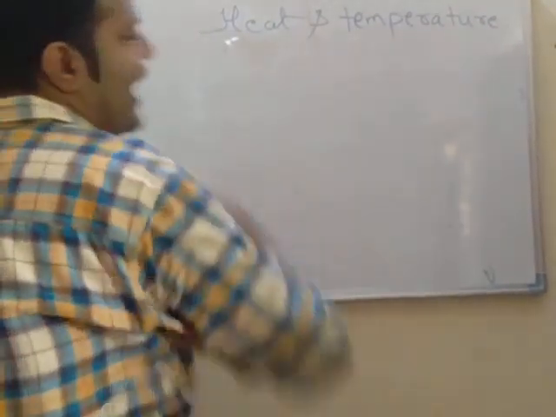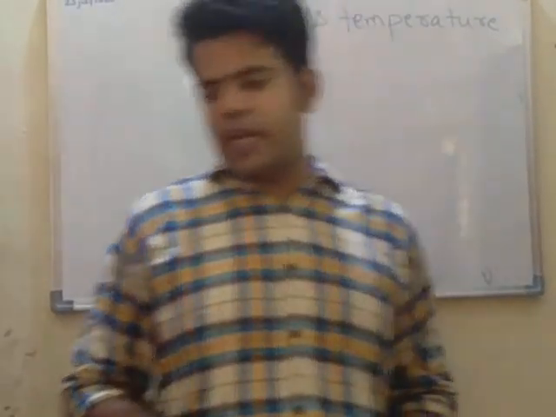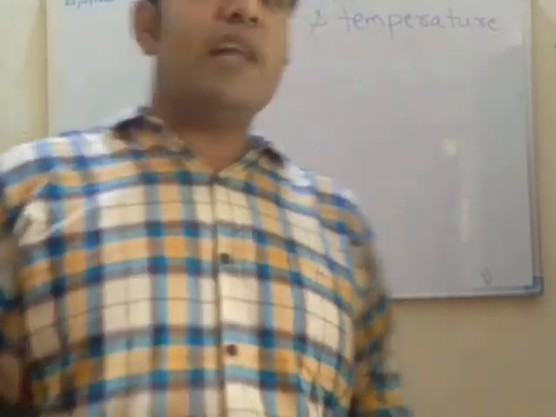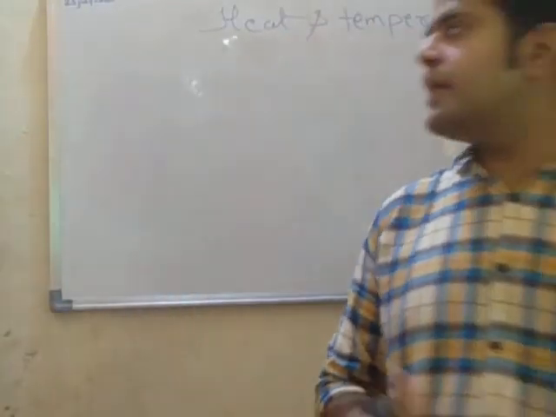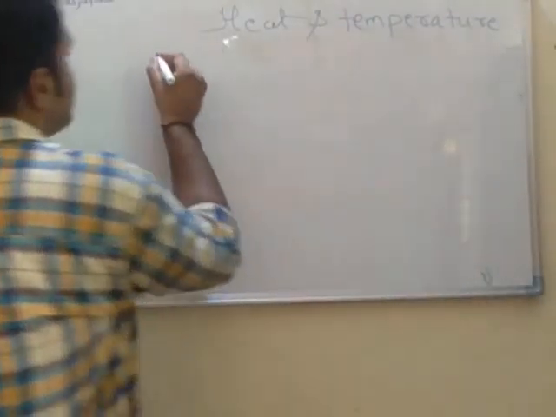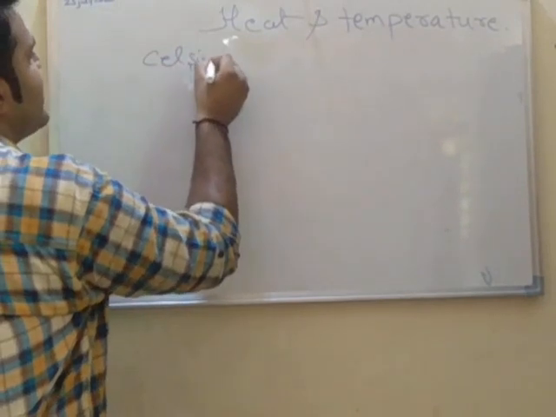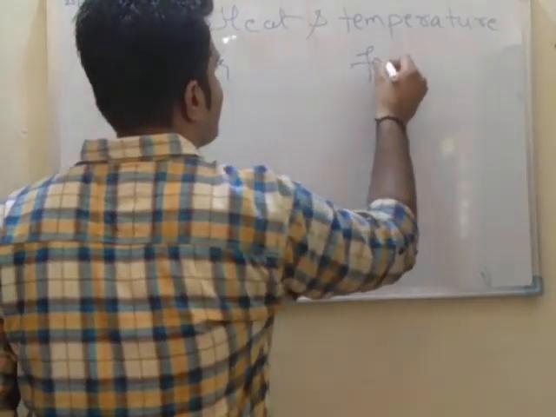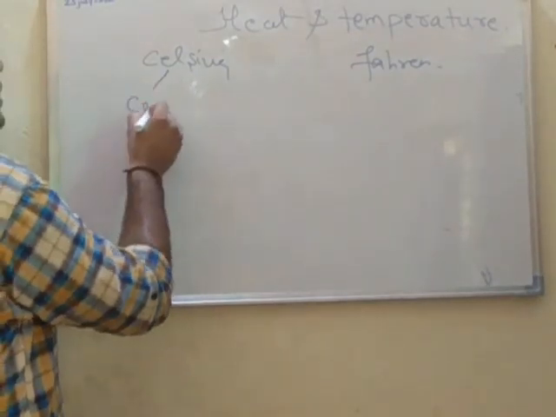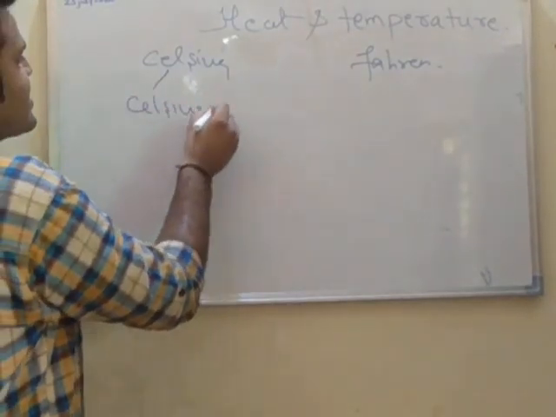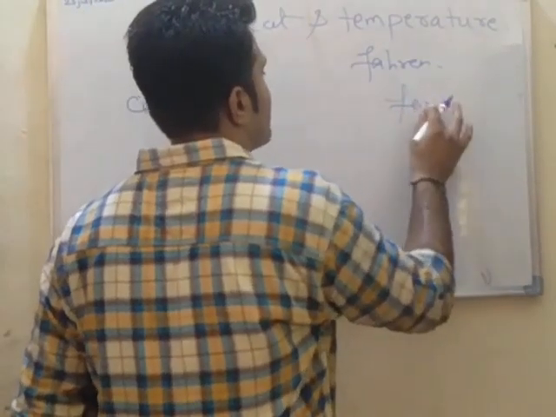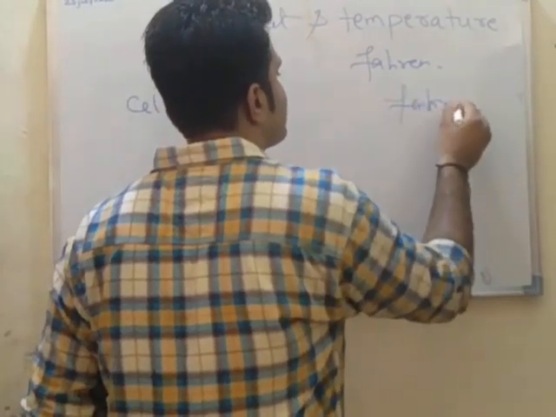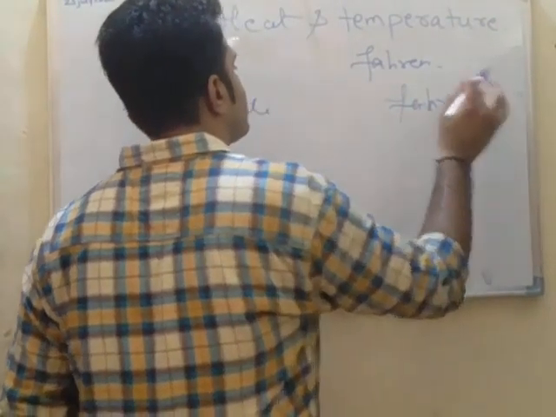So till now we have learned about two types of scale, that is, two types of thermometer: Celsius and Fahrenheit. The Celsius thermometer uses the Celsius scale, and the Fahrenheit thermometer uses the Fahrenheit scale.